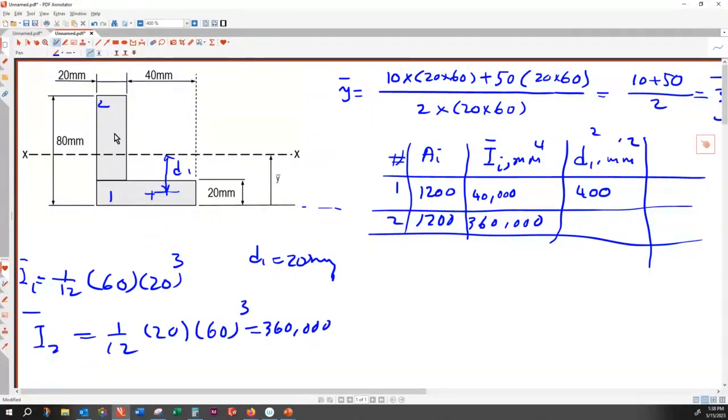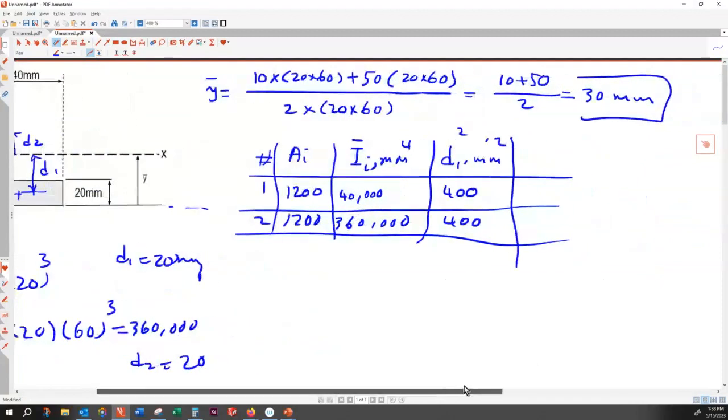For the second shape, the center of this one is here, which is 60 plus 20, 50. 50 take away 30, that is 20 again. So D2 is again 20, that is 400.